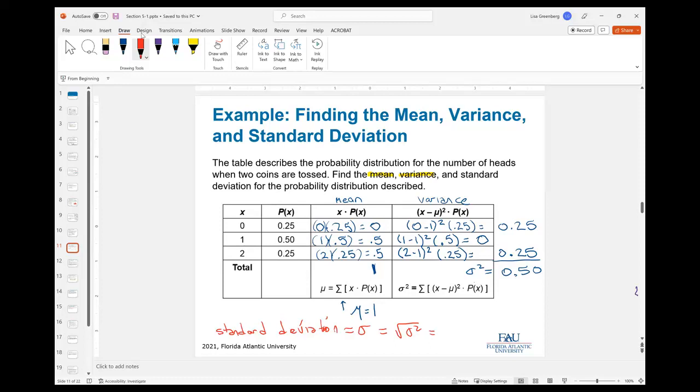For this problem, sigma is equal to the square root of 0.5. And I'll get my calculator.